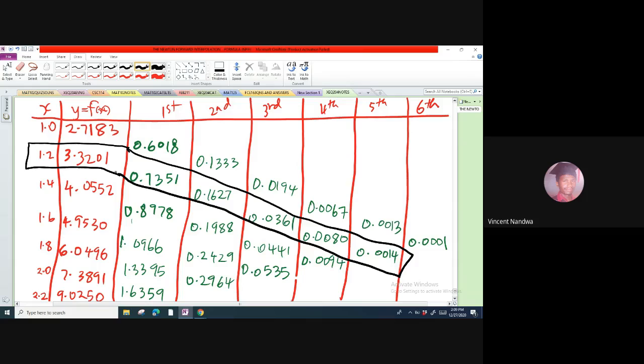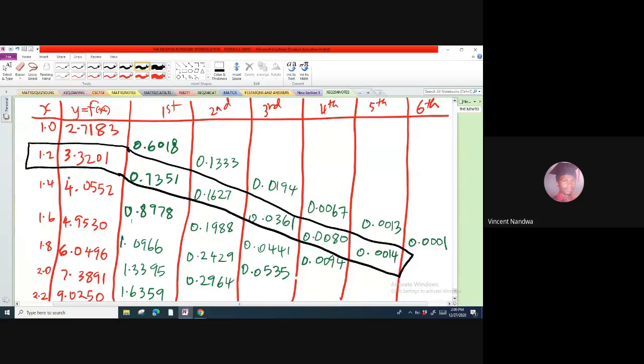That's the diagonal that corresponds to 1.2. So this is f naught, then this is the first forward difference. Because it's near the beginning, we use the forward formula.